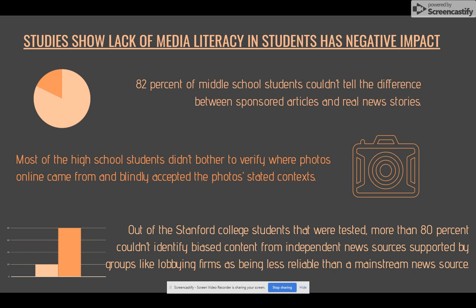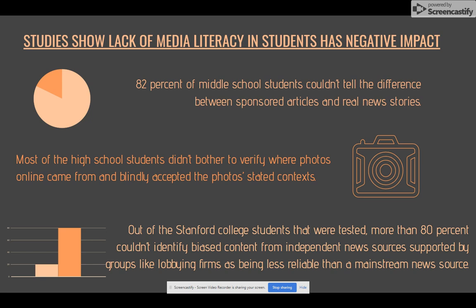And then also, out of the Stanford college students that were in this study, more than 80% couldn't identify biased content from independent news sources supported by groups like lobbying firms as being less reliable than mainstream news sources.